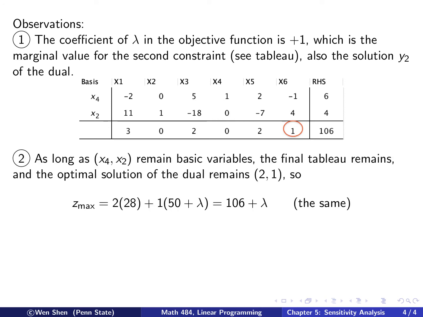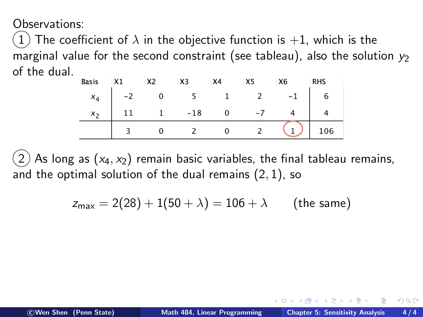Second observation: as long as x4, x2, these two here, remain basic variables, then the final tableau remains, and the optimal solution for the dual problem remains these here. That's where you find the solution for your dual. We talked about that. When that is the case, I can write the Z max as the solution of the optimal problem.